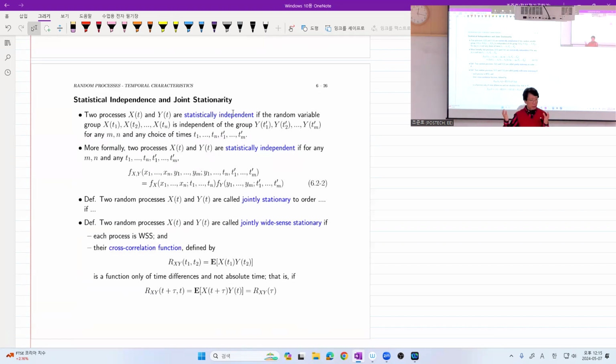That is, of course, the definition. However, whenever you have two random vectors, you have a joint CDF of the random vectors. And independence means that the joint CDF factors into marginal CDFs. Now, we have two random processes, and you want to establish they are independent. How can you do that?